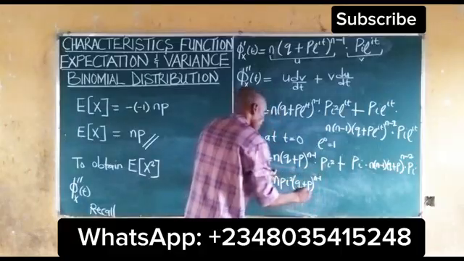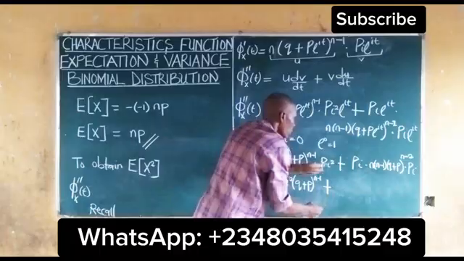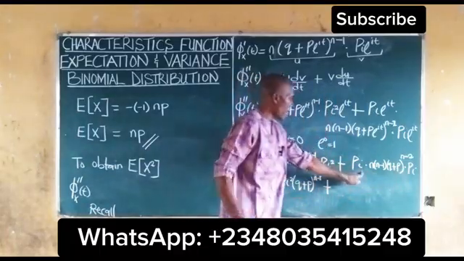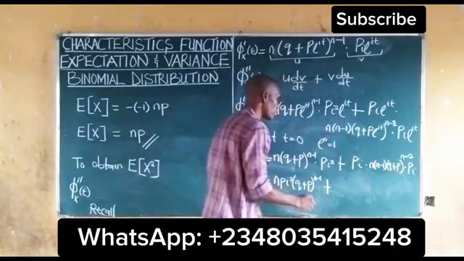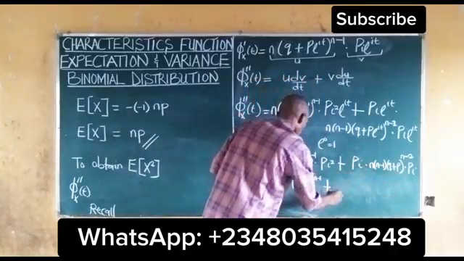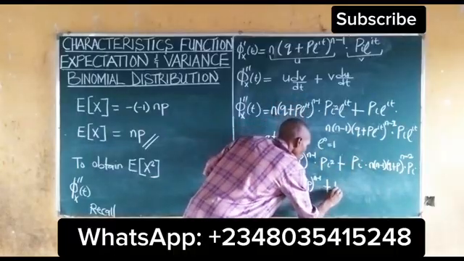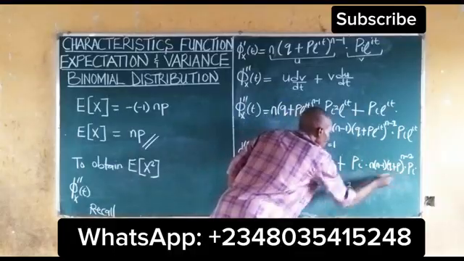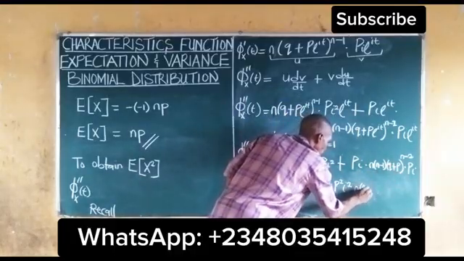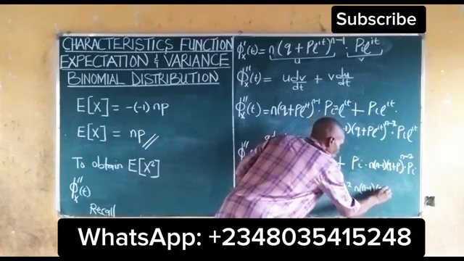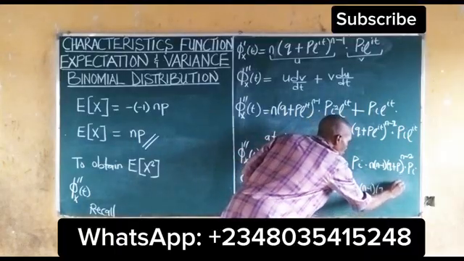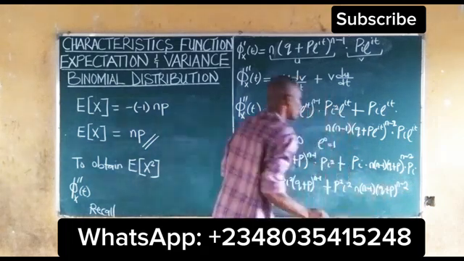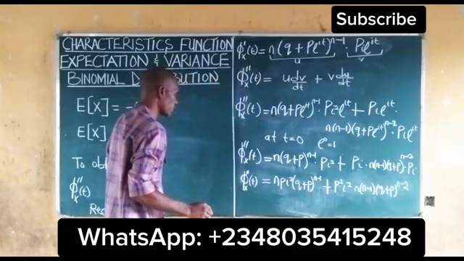The whole of this has come here plus this. p multiplied by p is p squared. i multiplied by i is i squared. So we have p squared i squared multiplied by this n into n minus 1 (q + p) raised to the power of n minus 2. So this is what we get.